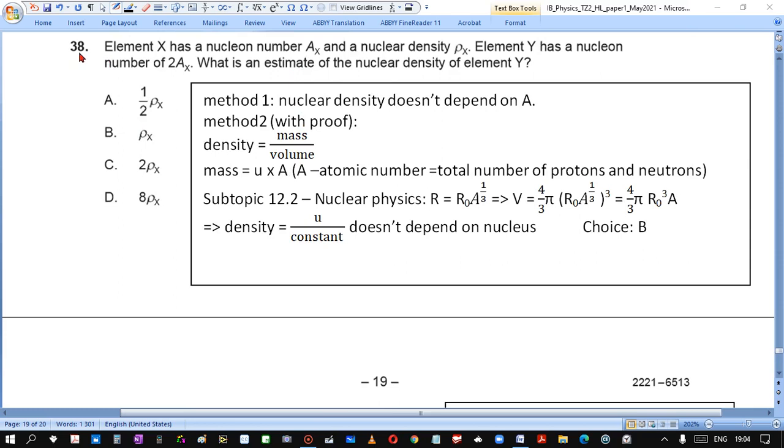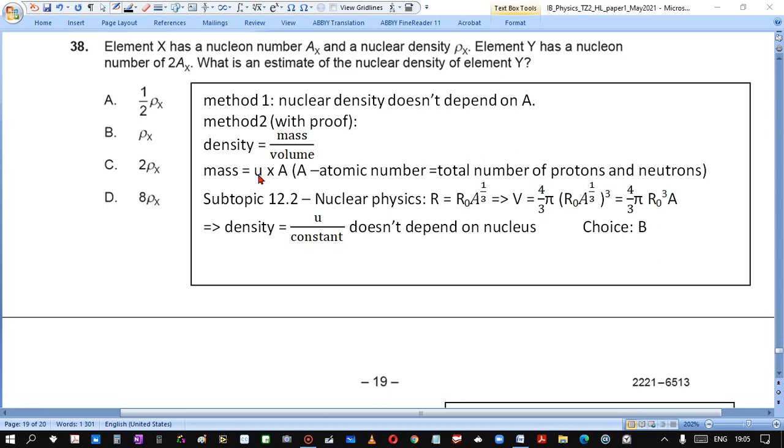Question 38. Element X has nucleon number AX and density ρx. Element Y has nucleon number of 2AX. What is the estimate of the nuclear density of Y? So, method one: nuclear density doesn't depend on nucleon number. So the answer is B. Second, with proof: density is mass over volume.